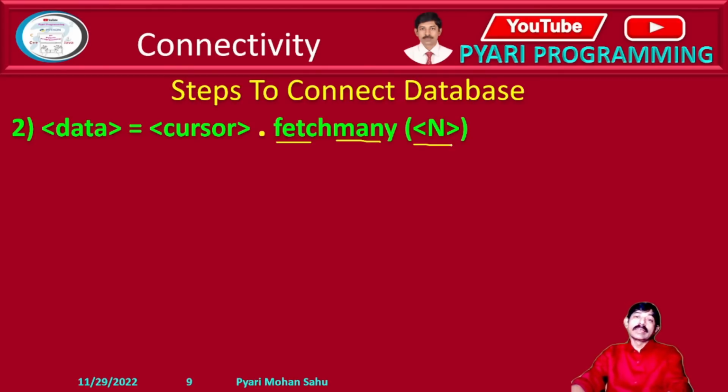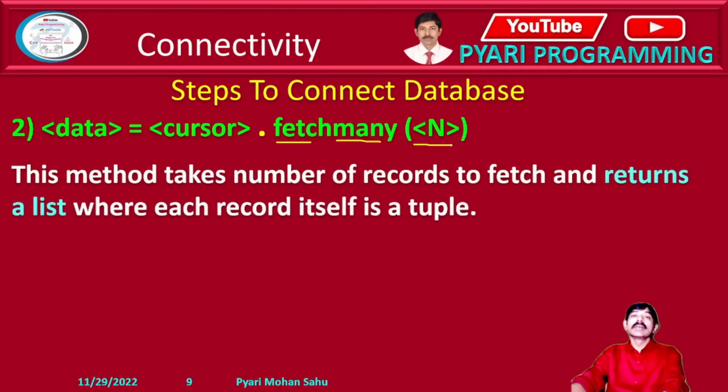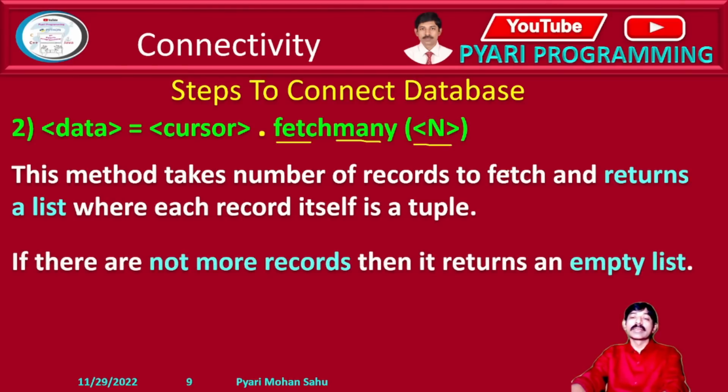Now, what is the return type? Though it is extracting more than one record from the record set, its return type is your list. But inside the list, each record is of type tuple. Again, the question arises that if there is no record available in the record set, in that case it will return an empty list.